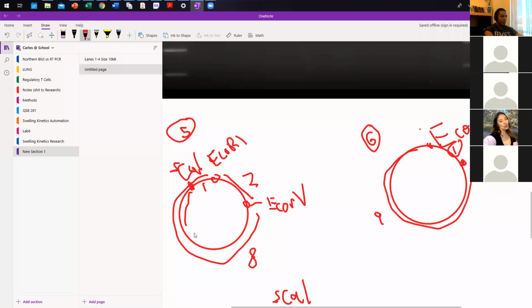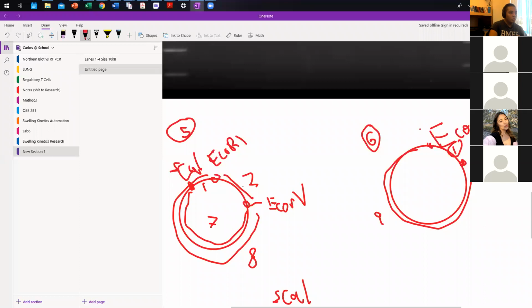I have a quick question, Carlos. So all we are doing is just drawing one diagram, or are we doing multiple diagrams? So you have room to draw multiple diagrams, but the diagram that we want is all 3 of them relative to each other. So we want to see where all the cuts would be, like, let's say EcoR1. There's different ways of drawing it, but the only thing that's not going to change is these separations.